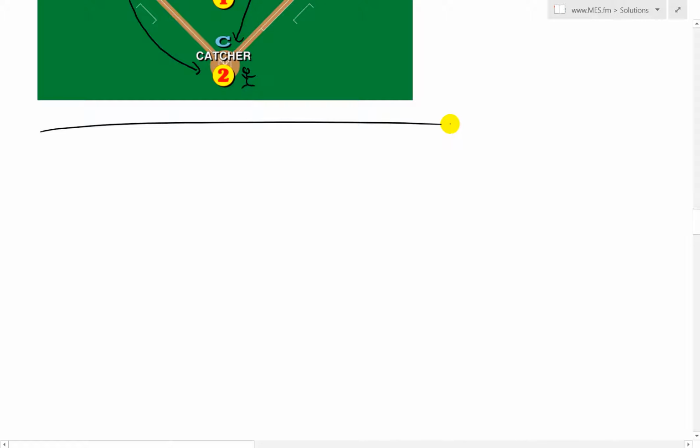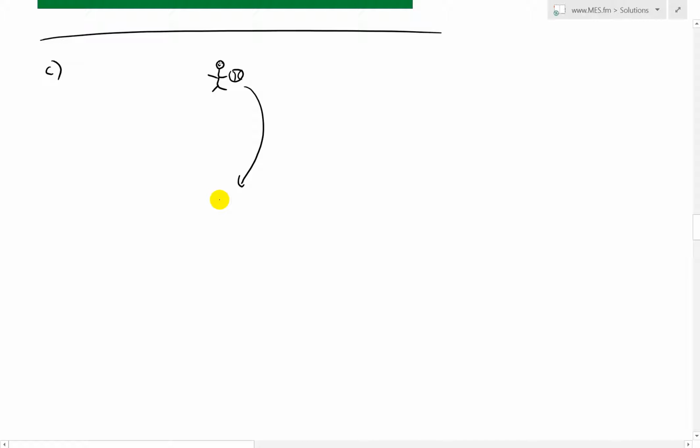So let's draw this out in a bit more detail. There's the outfielder here, and he has the ball and throws it to the shortstop.